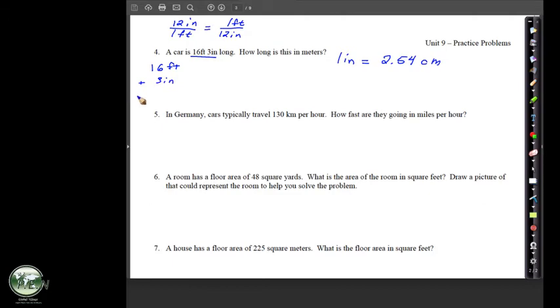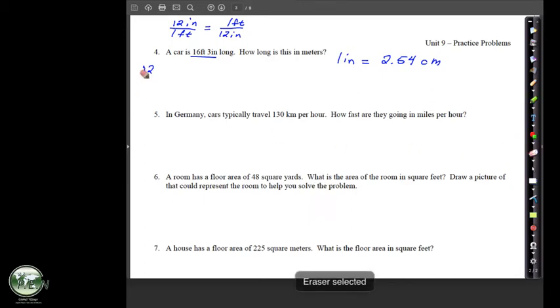Which one do we use? 12 inches over 1 foot. Okay, so the feet have to be in the bottom because we want to divide it out. Let me just make this a little clearer. Let me get rid of the 3 inches. All we're going to convert is the 16 feet. So we're going to take the 16 feet, 16, not 12.